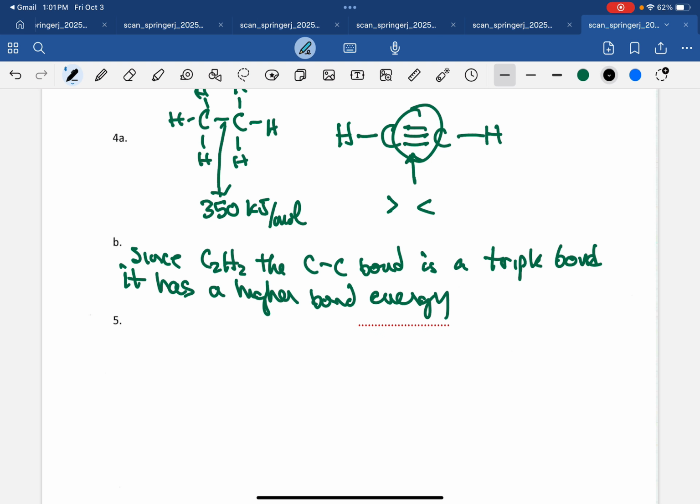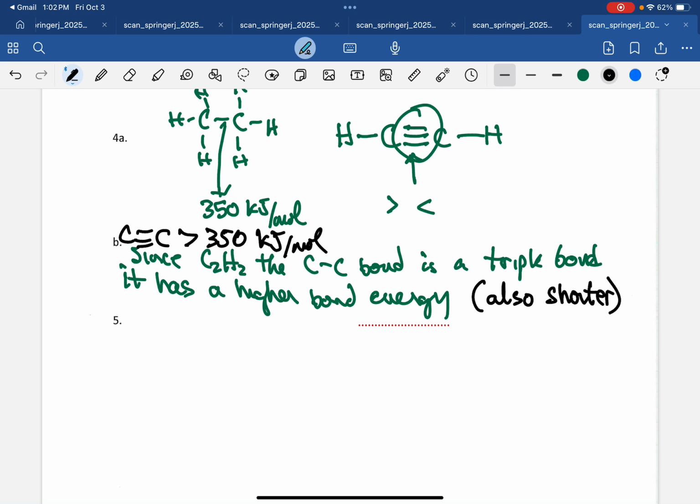And we'll need to say, our claim is then C triple bond C is greater than 350 kilojoules per mole because the triple bond has higher bond energy. It's also shorter. And as we saw earlier, shorter means more energy.